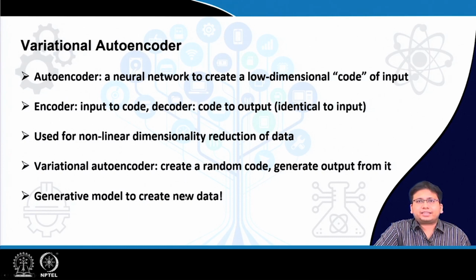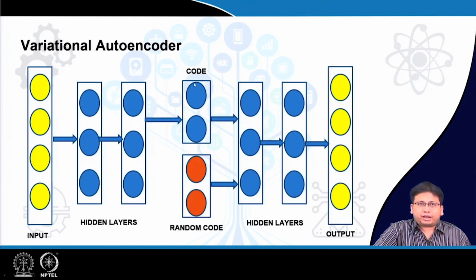Now, this is the usual autoencoder. Add the word variational in front of it and it becomes a different thing. Here you create a random code and generate outputs out of it. Instead of creating a code through an encoder, you just generate a code from some probability distribution and then pass it through the decoder.